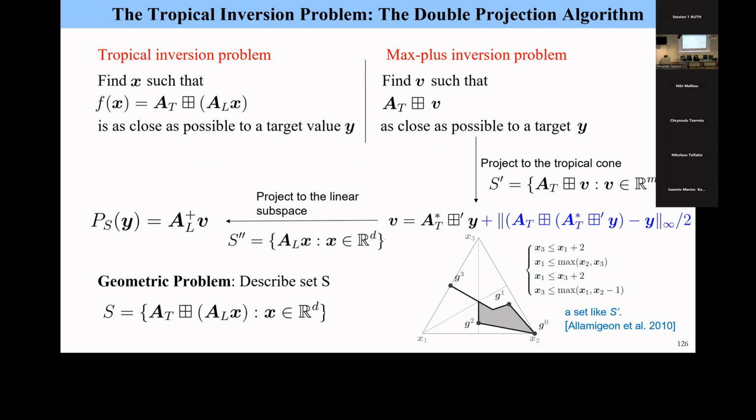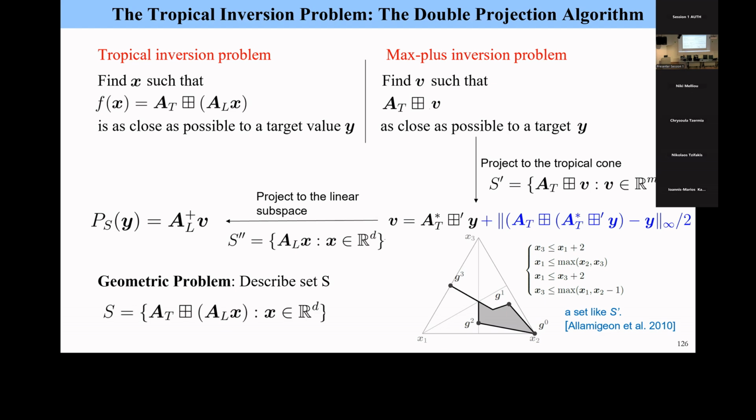Let us state the tropical inversion problem as the problem of finding the unknown vector x such that the hybrid linear max-plus product, let me call that hybrid tropical product A_L x, followed by max-plus product with the matrix A_T, is as close as possible to a target value y.